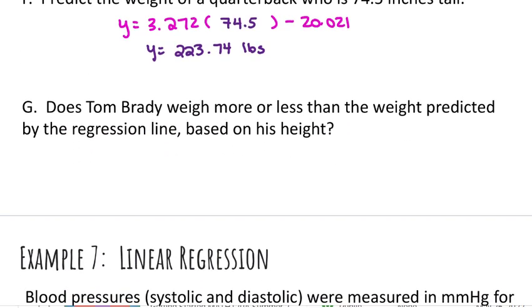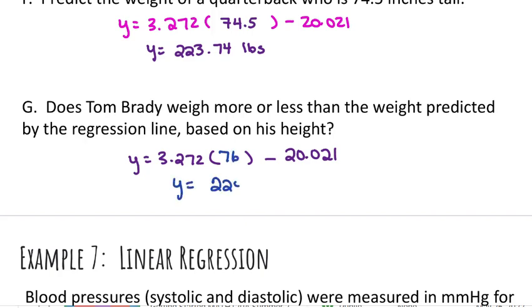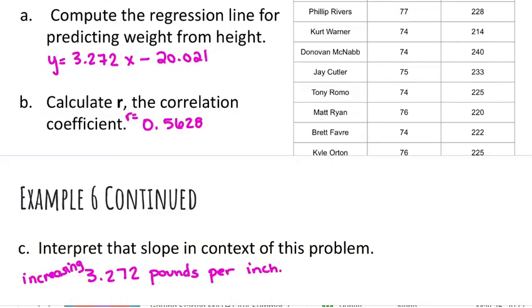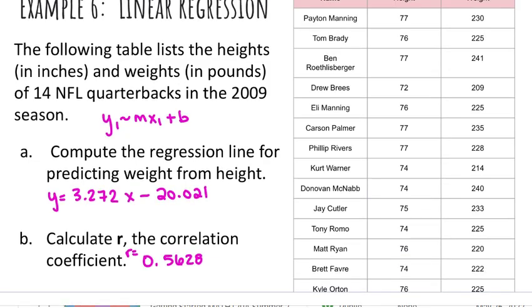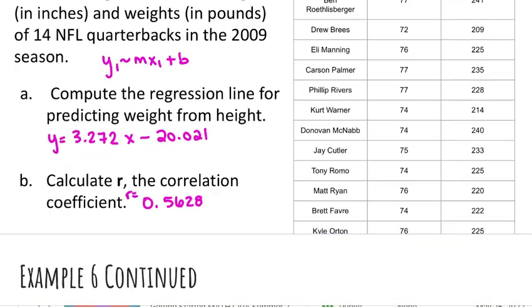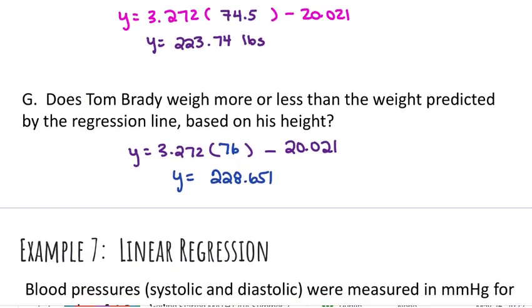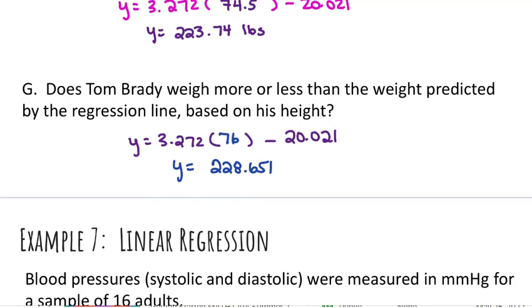So we're going to take the original equation, y equals 3.272 times x minus 20.021, and we're going to replace x with Tom Brady's real height, which is 76. And when we do that, we get y equals 228.651. Now, how much does he really weigh? He really weighs 225. So we were close though.